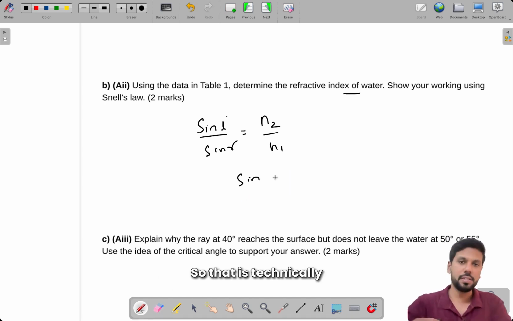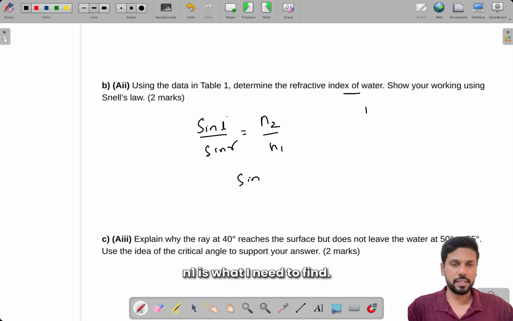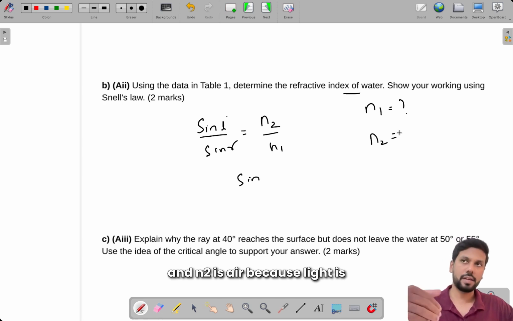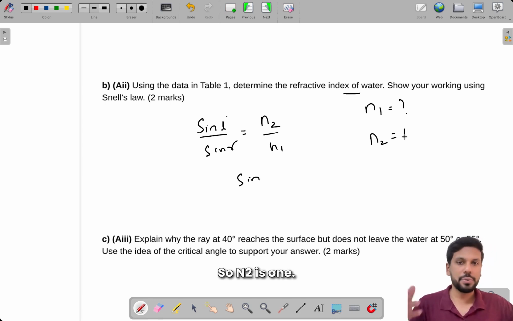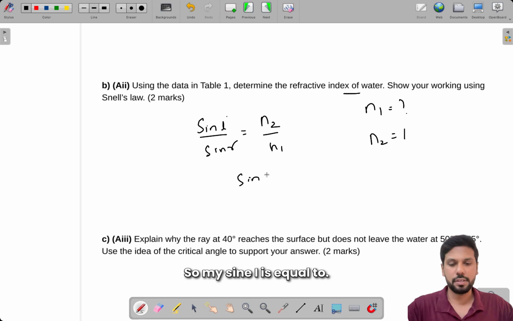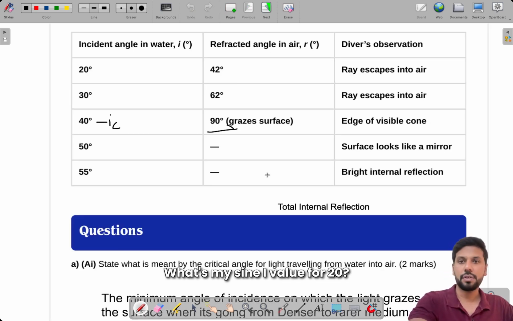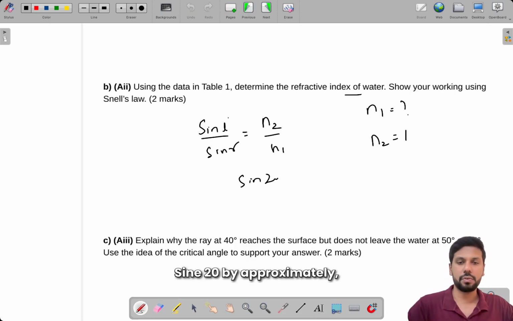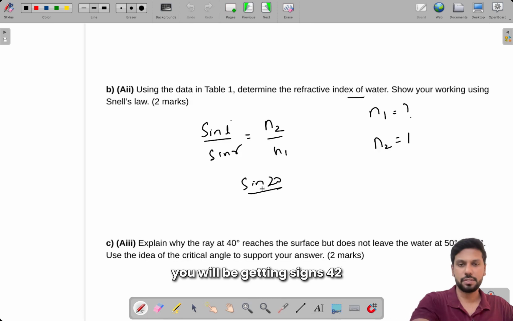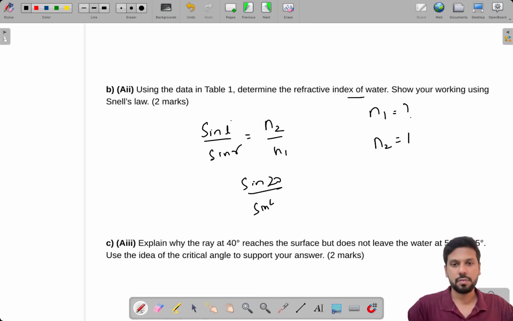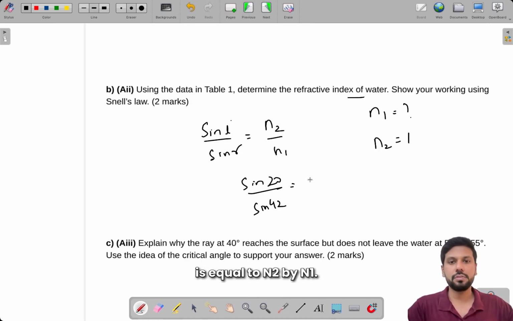So technically n1 is what I need to find. n2 is air, and n1 is what I need to find, because light is going from water to air. So n2 is 1. So sine i is equal to, what's my sine i value? For 20, sine 20 by approximately sine 42 is equal to n2 by n1, so 1 by n1.